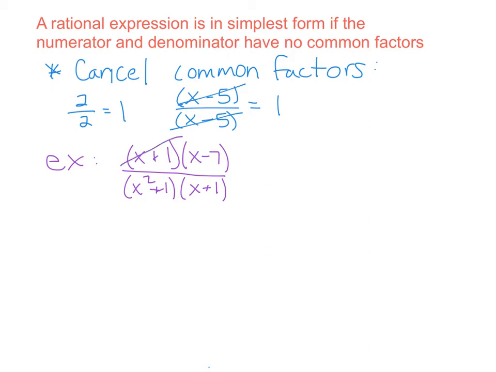So x plus 1 over x plus 1, that's just 1, and we are left with x minus 7 over x squared plus 1. Numerator and denominator have no common factors, so it is in simplest form. Okay, so that's the basic idea. We're just going to look at examples.